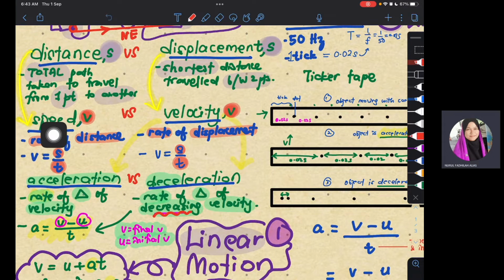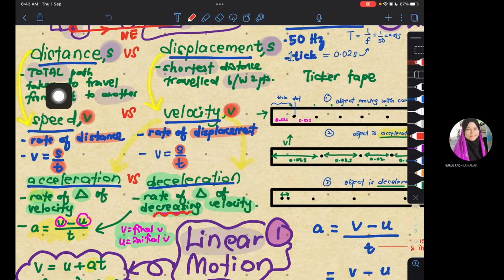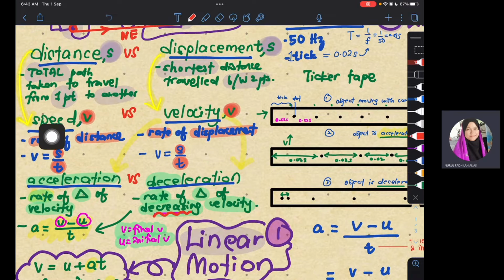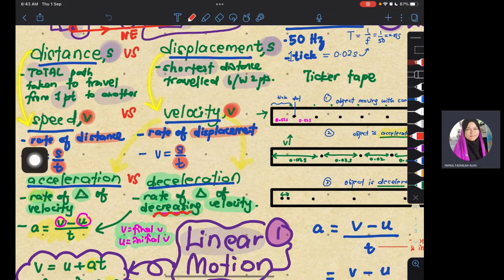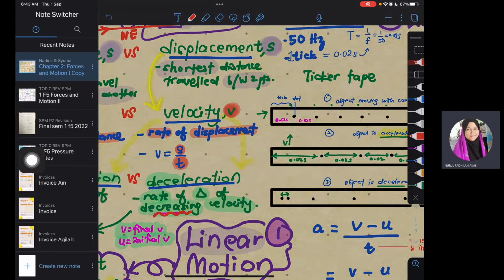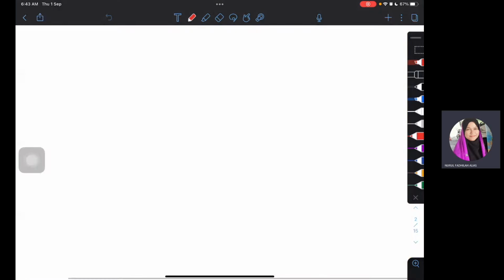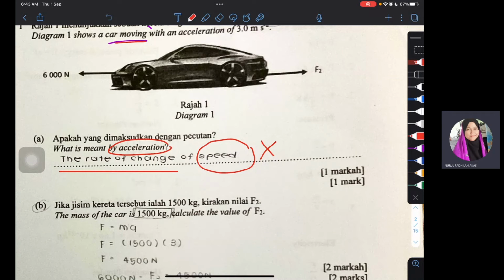Acceleration is the rate of change of velocity, not speed. Speed is a scalar quantity. Velocity is a vector, and acceleration is a vector quantity. I hope you understood what I'm trying to say. So it should be velocity here.